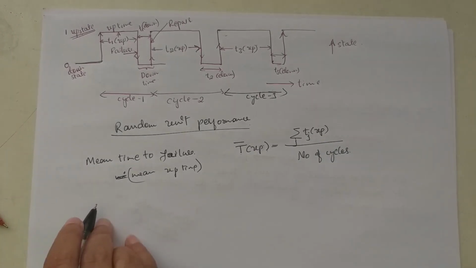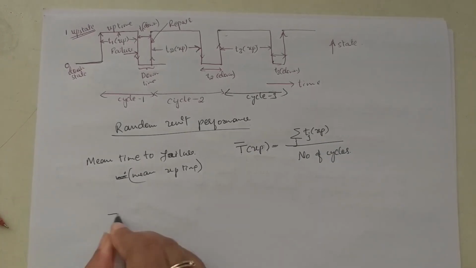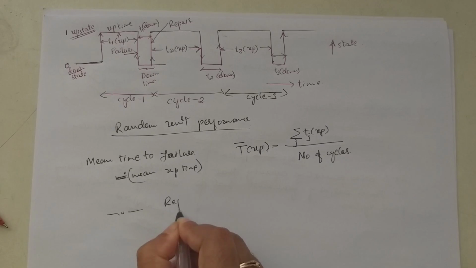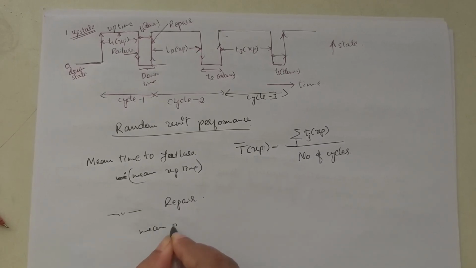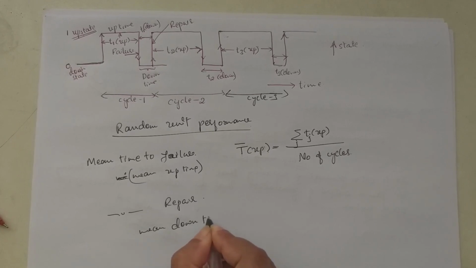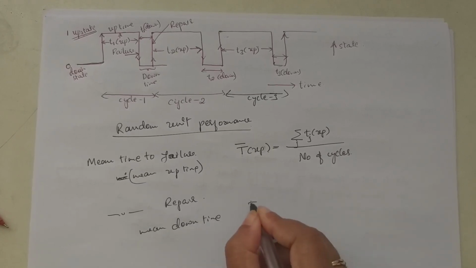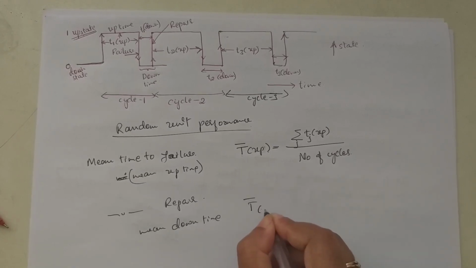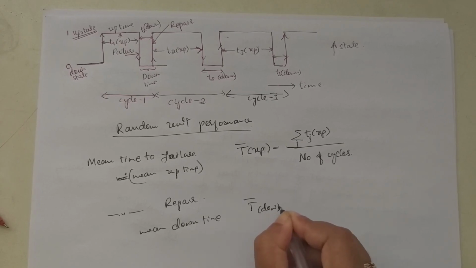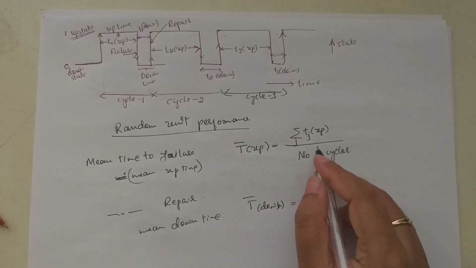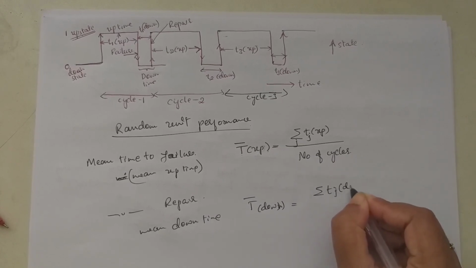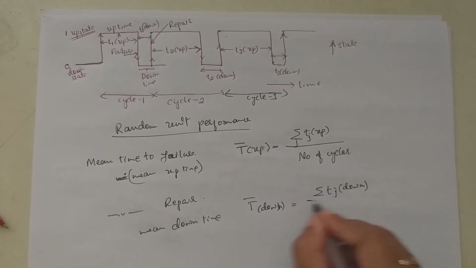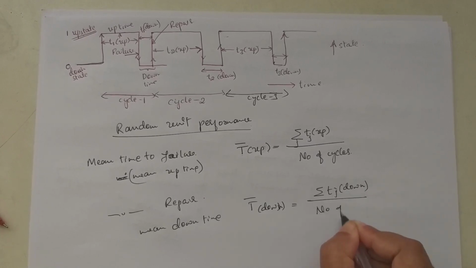Similarly, mean time to repair or mean downtime, which is indicated by T down, is the ratio of the summation of downtime to the number of cycles.